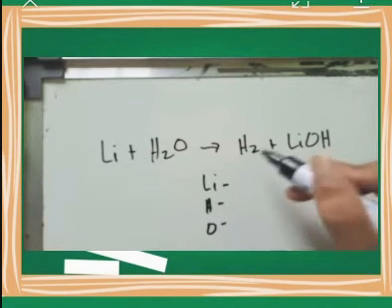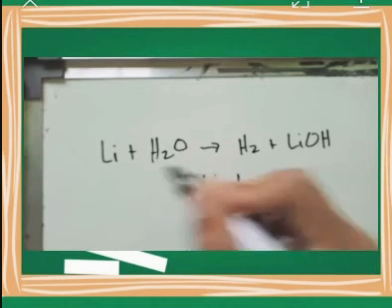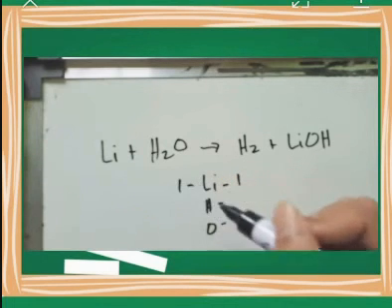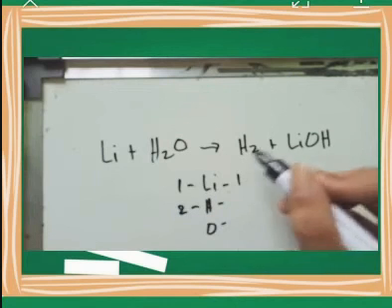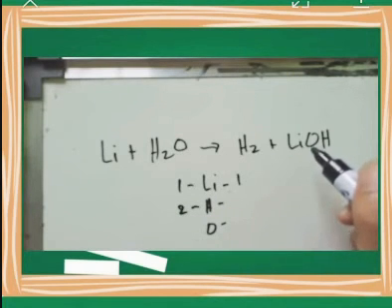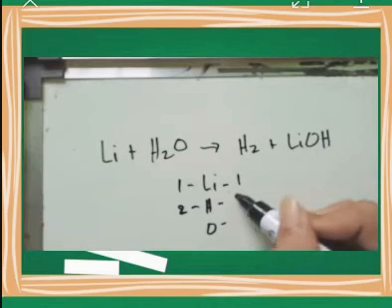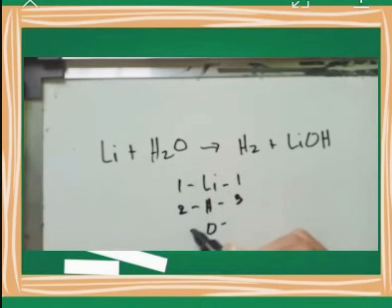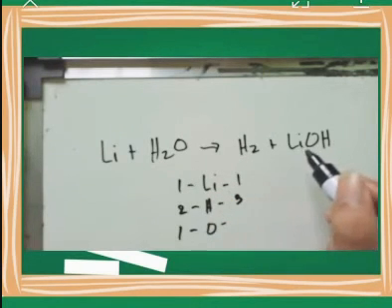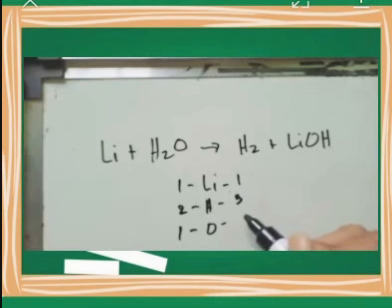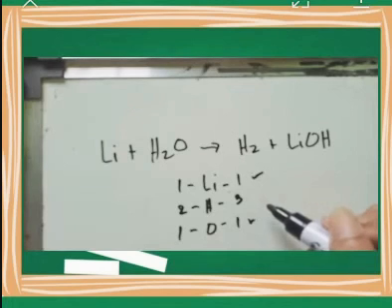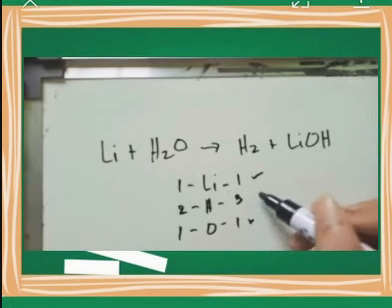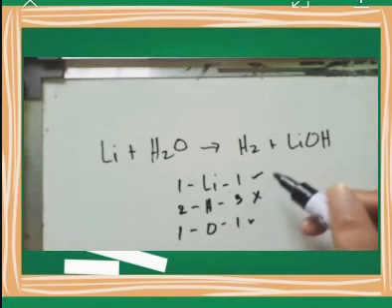Lithium in the reactant side is 1, lithium in the product side is also 1. Hydrogen in the reactant side is 2, hydrogen in the product side is 1 plus 2, so 3. Oxygen in the reactant side is 1, and oxygen in the product side is also 1. So the lithium and oxygen are already balanced. But the problem here is that the hydrogen is not balanced.